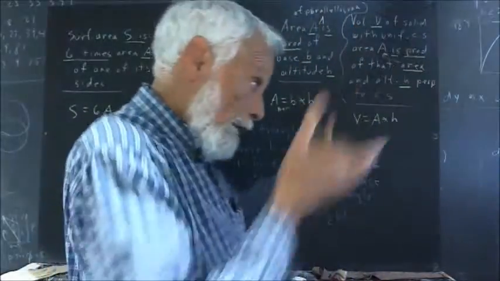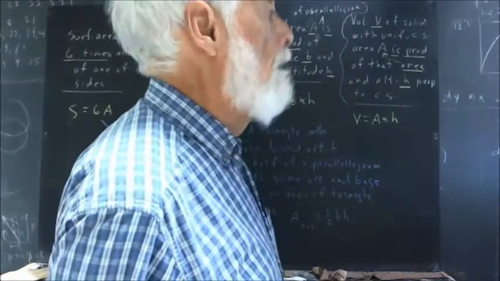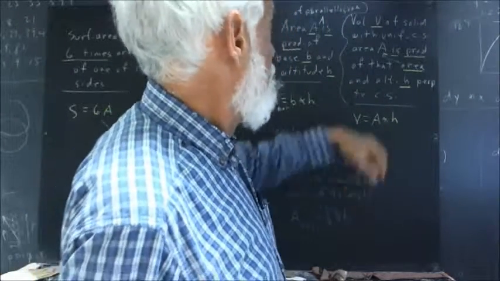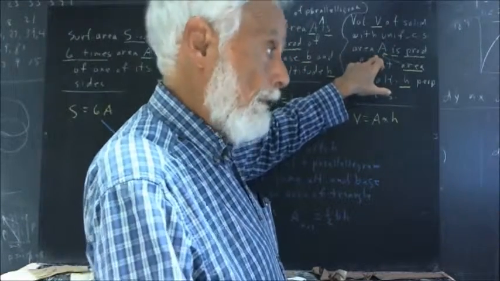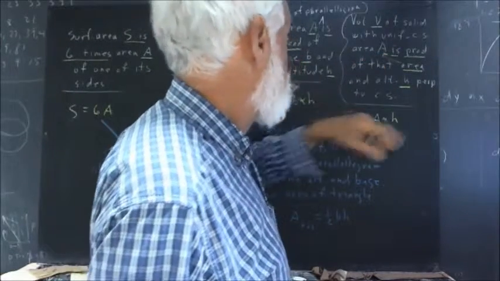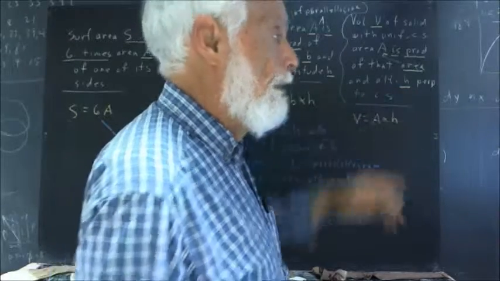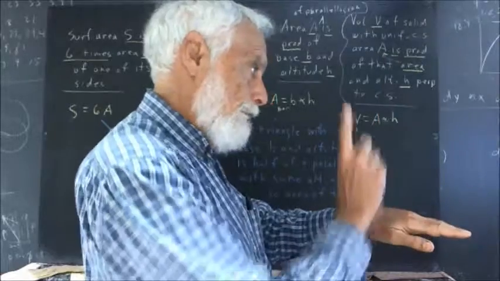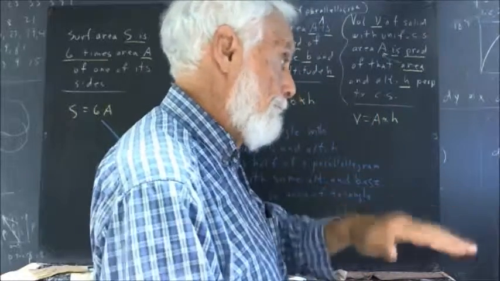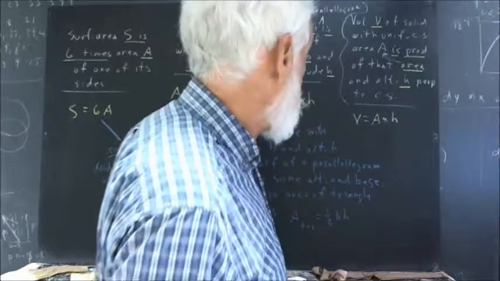And of course, then you've got an altitude. So this would apply to a cylinder. You just take the product of the area A of the cross-section, which is equal to the area of the base, and multiply that by the altitude. And the caveat: the altitude is measured perpendicular to the cross-sections, which means perpendicular to the base.